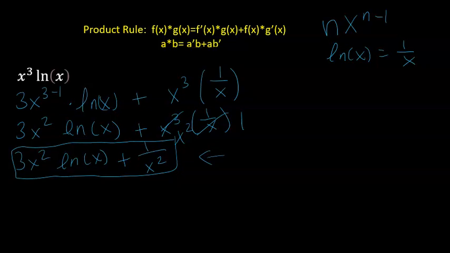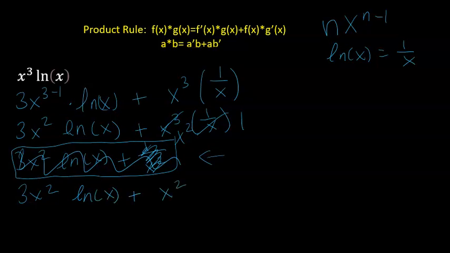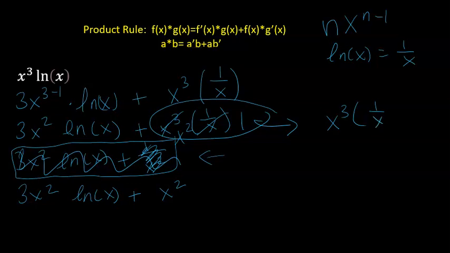Let's see. Oh, it's supposed to be 3x squared ln x plus x squared, because right here I messed up. Because we had x cubed times 1 over x, right? Which becomes x.